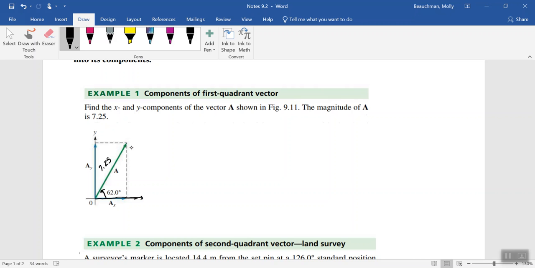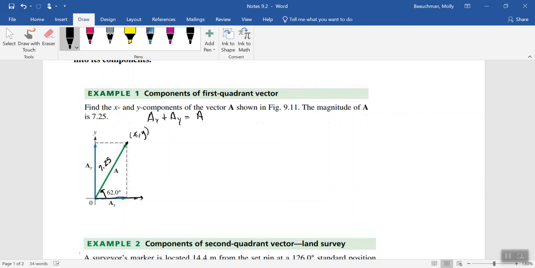So I'm going to label that as 7.25. And what we want to find are the two vectors, lengths x and y, so that if we add them together, we would end up with our vector capital A. So notice the end of this would actually be an xy coordinate.